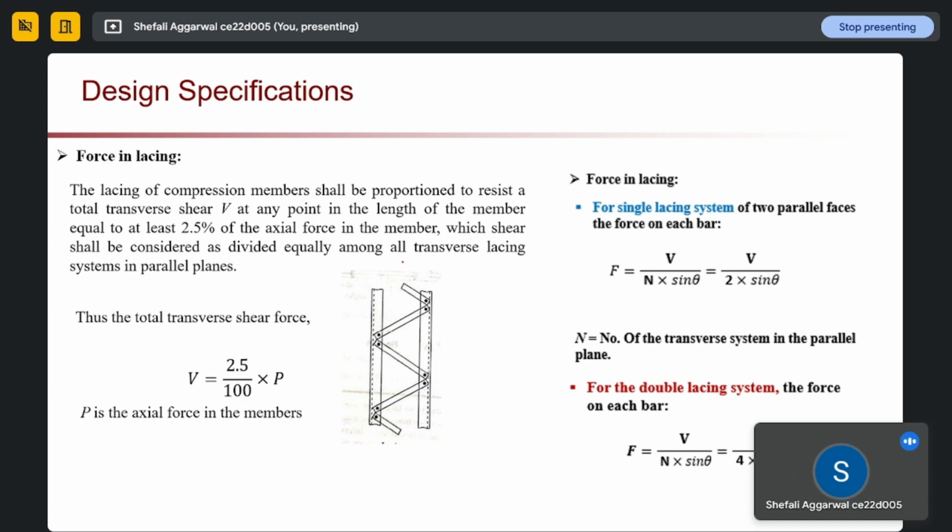So if our system has axial forces, we will mainly design it based on our total shear force, and it should be equal to at least 2.5% of the axial force in the member. Next is the total transverse shear force. The same thing is given in the formula: the transverse shear force is given by 2.5% of the axial force.